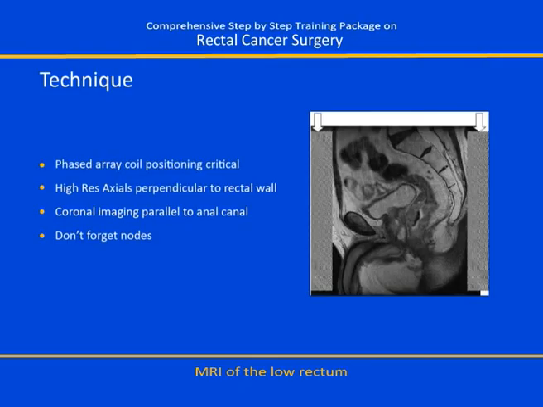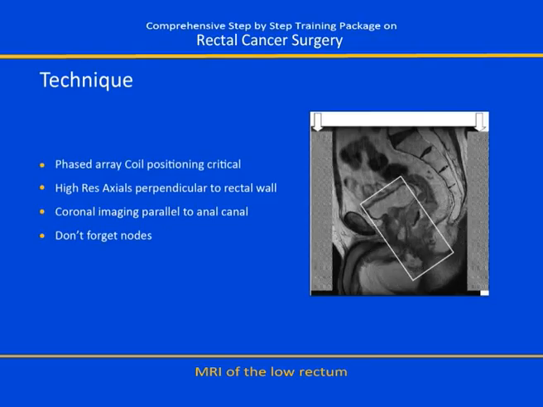What we do is axial and coronals through the tumour, and it's important to plan these so that you include the relationship of the tumour to the anal canal. So this is the axial imaging, which allows us to see the relationship of the rectal wall to the sphincter complex in the axial plane, and you can see that these scans are planned perpendicular to the long axis of the anal canal.